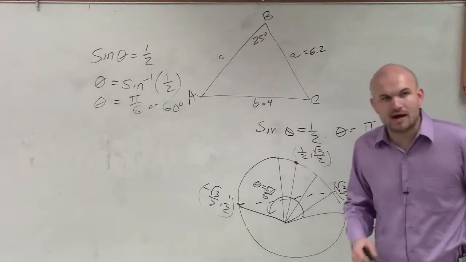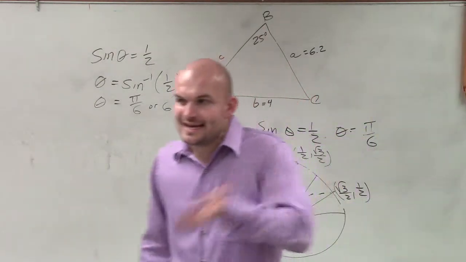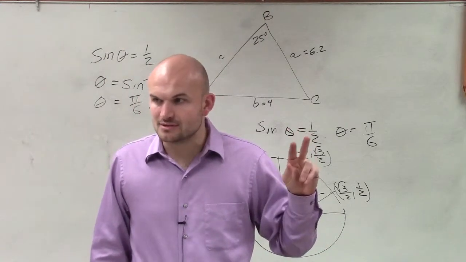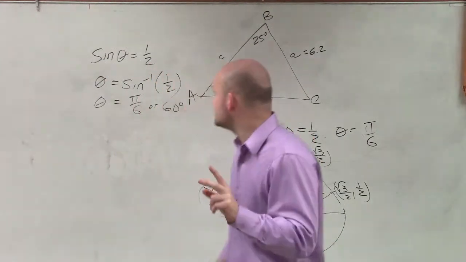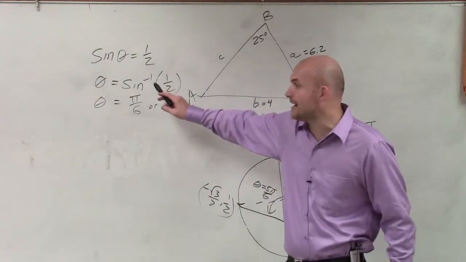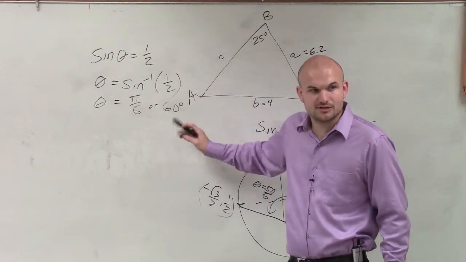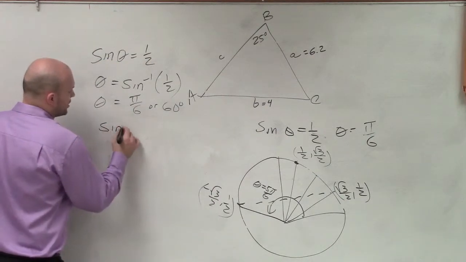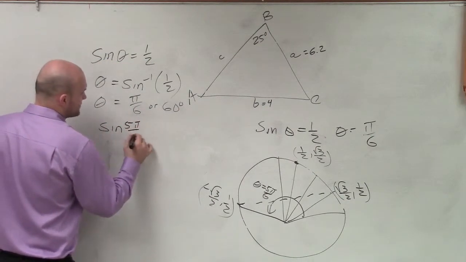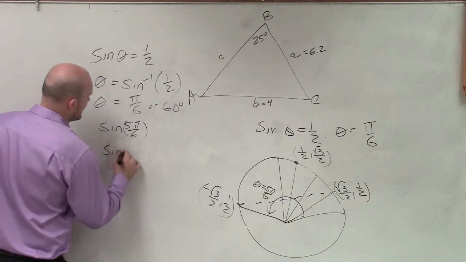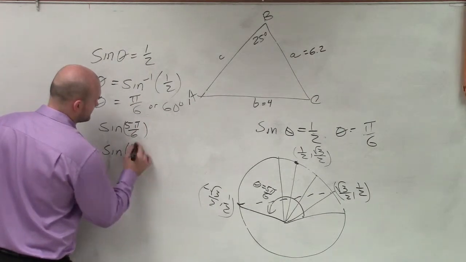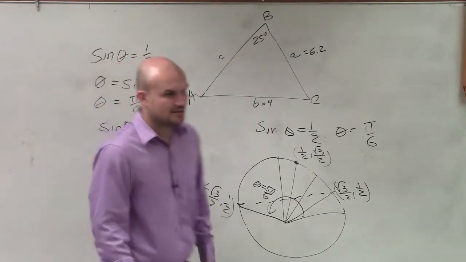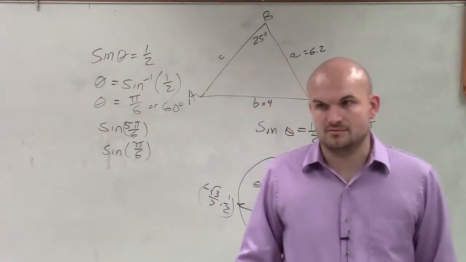So now there's an issue. If we take the inverse of sine, there are two possible angles, right? Watch this. Take the sine of 5 pi over 6 and the sine of pi over 6. Plug those two into your calculator, and you're going to get 1/2, right?